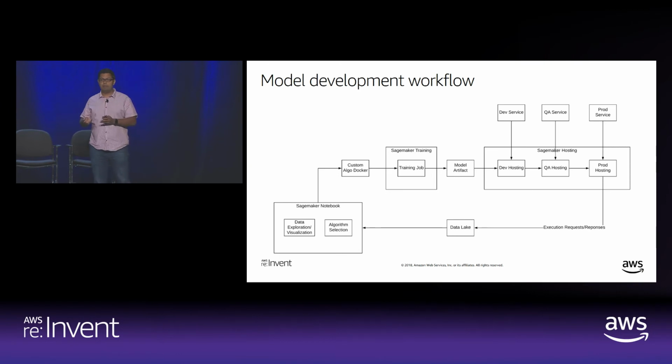Then we put it into a QA environment where we integrate it with the software products, confirm it has access to all of the features that it needs, and the product is behaving the way it should, integrated with the model. We run a whole bunch of performance testing at this point to make sure the model behaves as it needs to at the scale that is needed.